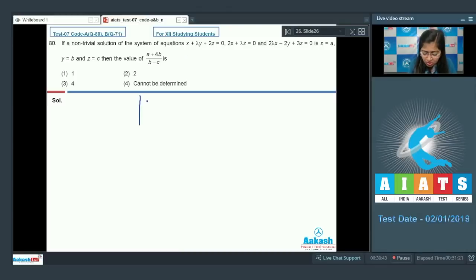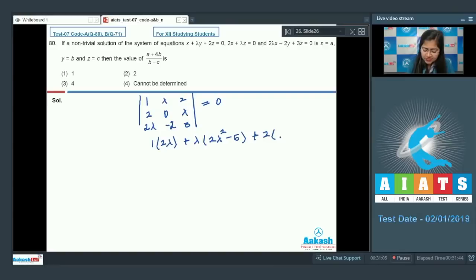So the determinant of [1, lambda, 2; 2, 0, lambda; 2 lambda, minus 2, 3] is equal to 0. That is 1 into 2 lambda plus lambda into 2 lambda square minus 6 plus 2 times minus 4 lambda is equal to 0. So we can say that 2 lambda cube plus 2 lambda minus 6 lambda, that is minus 4 lambda, minus 8 is equal to 0.